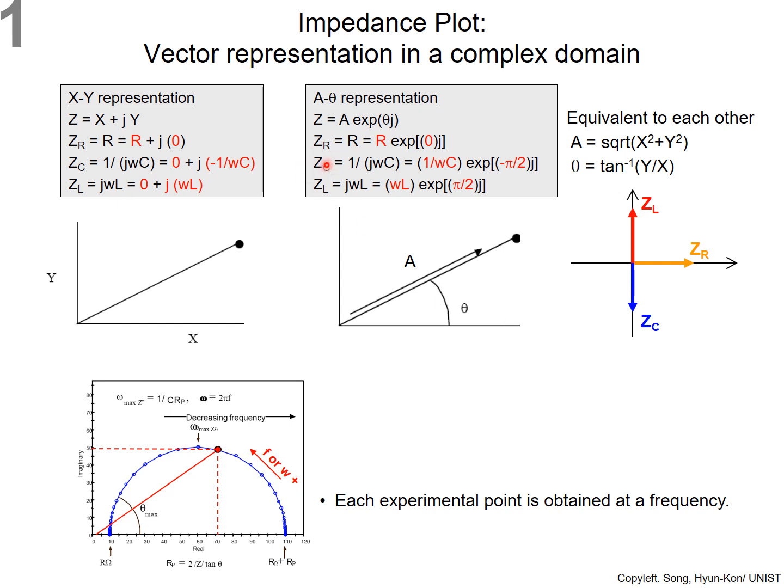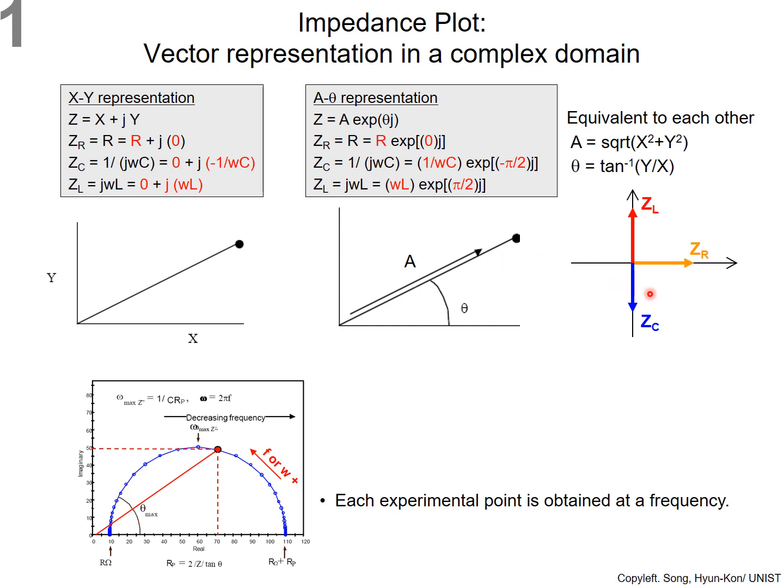How about the capacitor? 1 over j omega C, as you know, equals 1 over omega C times the imaginary unit 1 over j, which can be described by the exponential function of minus pi over 2, or minus 90 degrees. It means the phase angle is minus 90 degrees and the amplitude depends on the angular frequency. At higher angular frequency the amplitude goes to 0, and at lower angular frequency you could have larger amplitude.